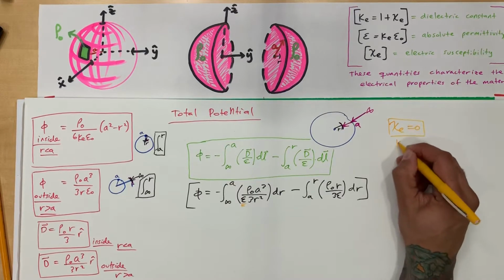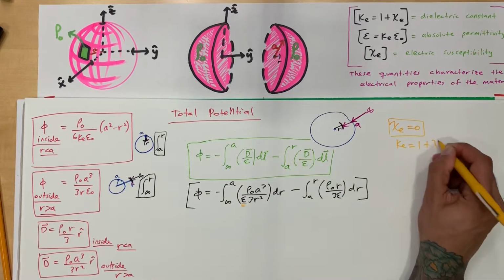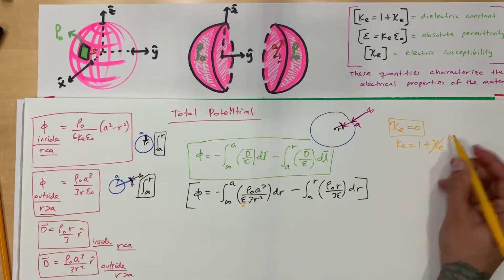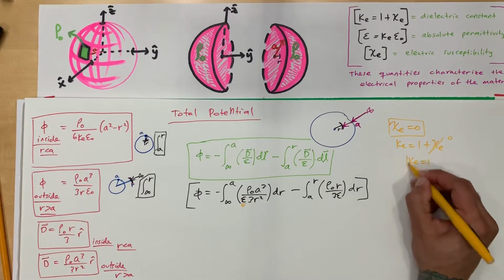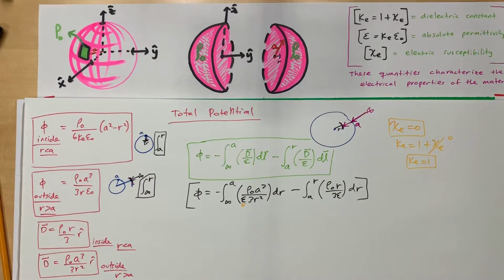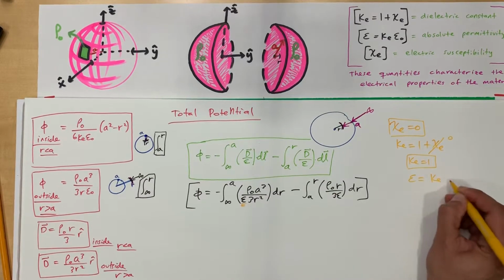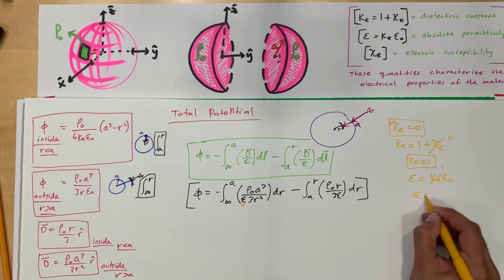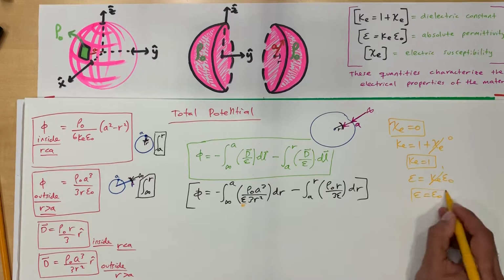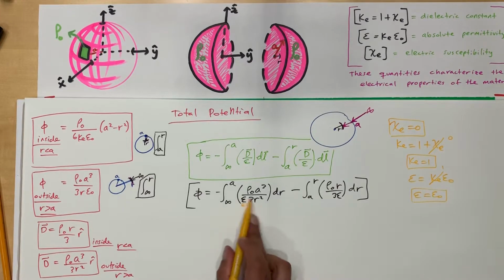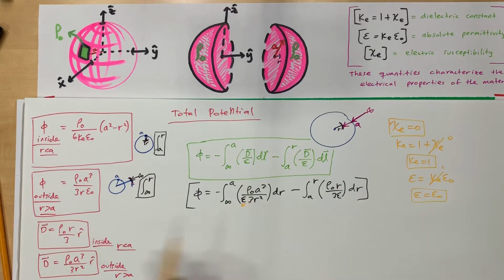Therefore, Ke is equal to 1 plus chi, so Ke is equal to 1. So when we change epsilon to Ke epsilon naught, this goes to 1, and epsilon just turns into epsilon naught. Okay, so this one here is going to turn into epsilon naught.